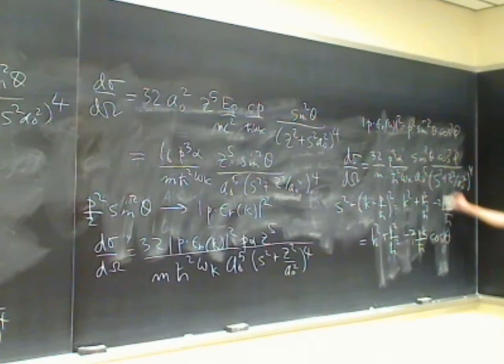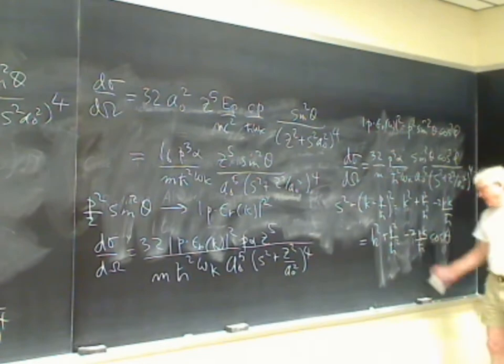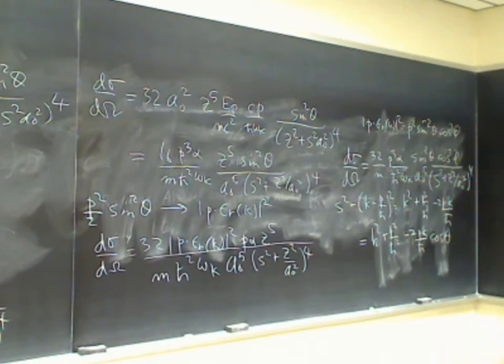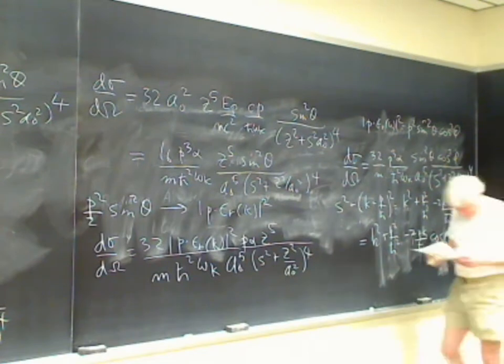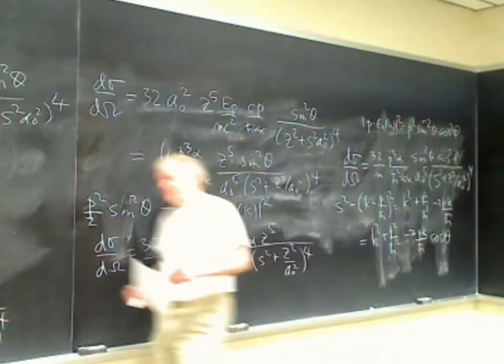So at higher energies, when k and p get pretty big, then this can overwhelm that. And that would mean that when cosine theta is 1, which is the forward direction, it's peaked in the forward direction. All right, so that's enough of that.